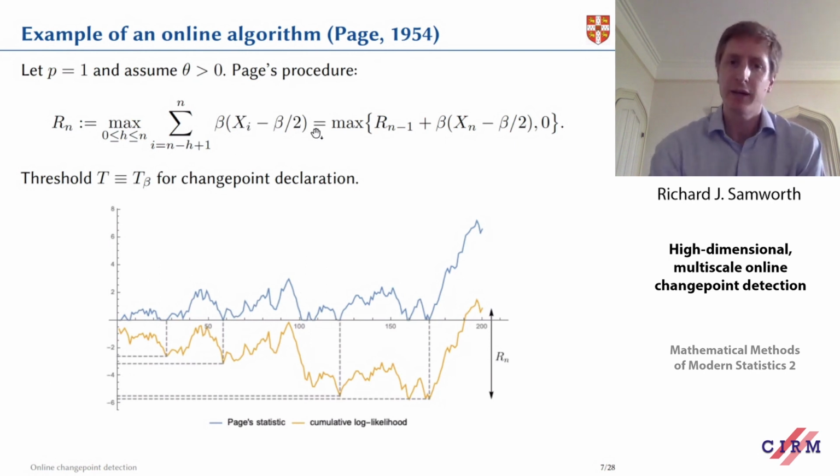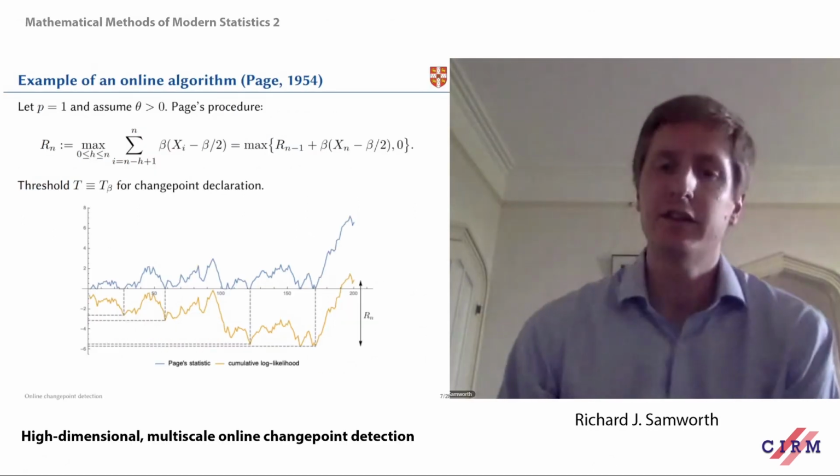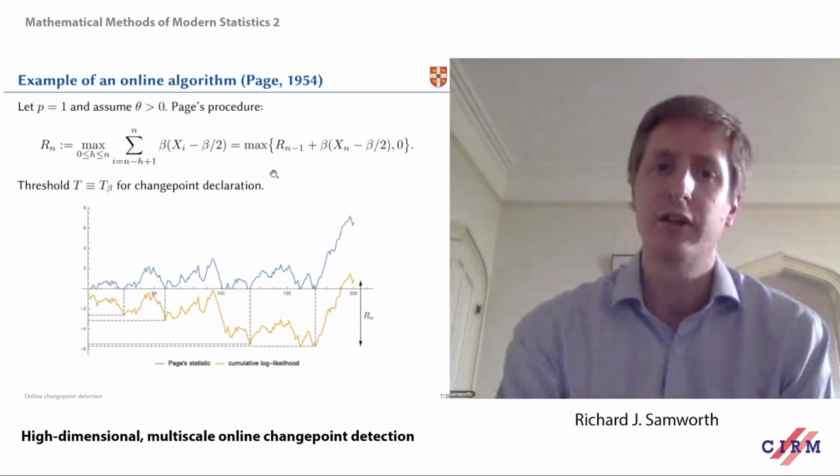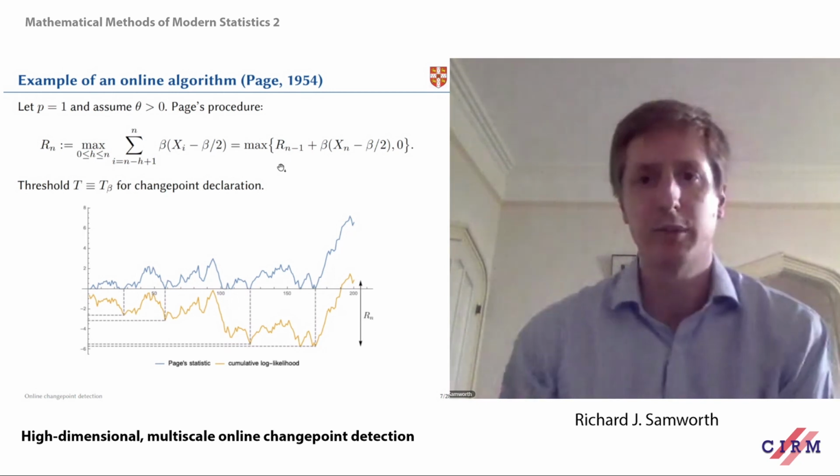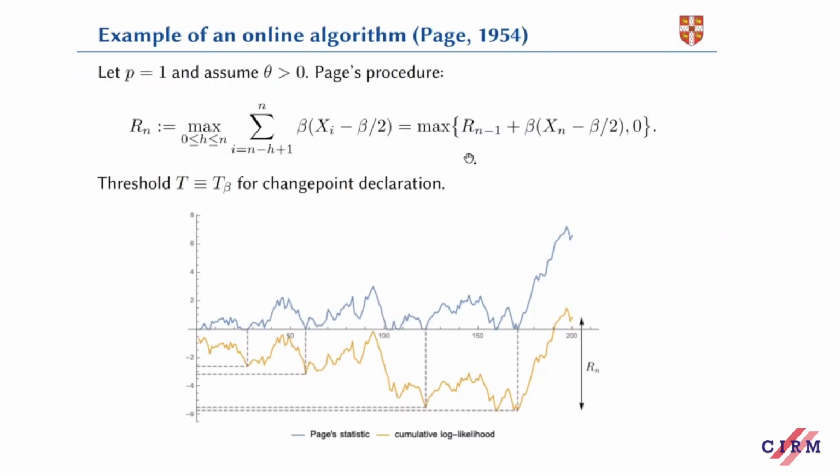And what you can see about this statistic is it can be expressed as a maximum of where you were before and some function of the current observation, and then you just have to take the maximum of that with 0. So this latter expression is telling you that this can be computed rather efficiently in an online way, and we're going to declare a change if this statistic exceeds a threshold. That threshold only needs to depend upon this level.